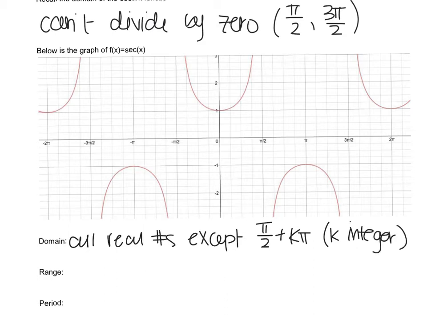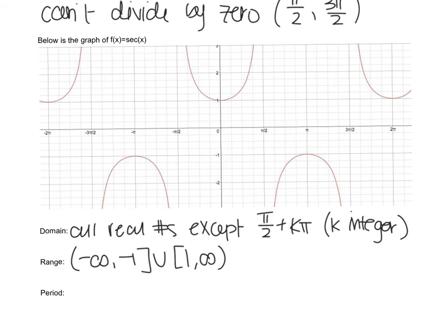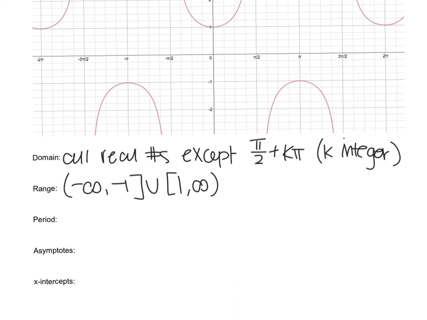Its range, similar to the cosecant function, we don't have any y values between -1 and 1, so its range is from -infinity to -1, and then from 1 to infinity. And again, this comes from the fact that the cosine function is between -1 and 1, so when I do the reciprocal, it's going to be outside of that. Now for the period, because again it is the reciprocal of cosine, it has the same period, which is 2 pi.